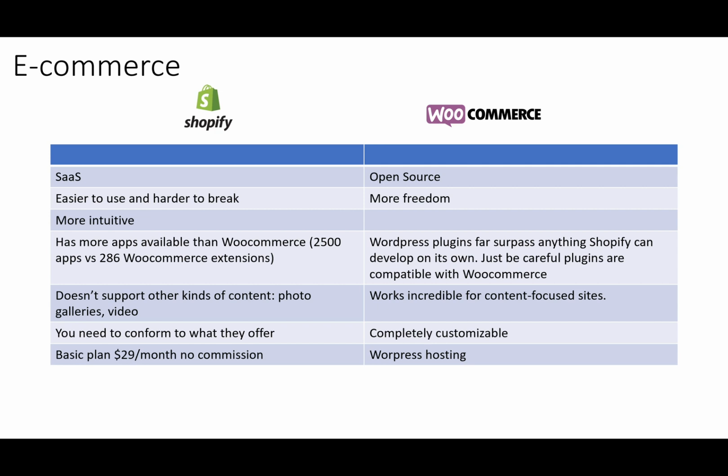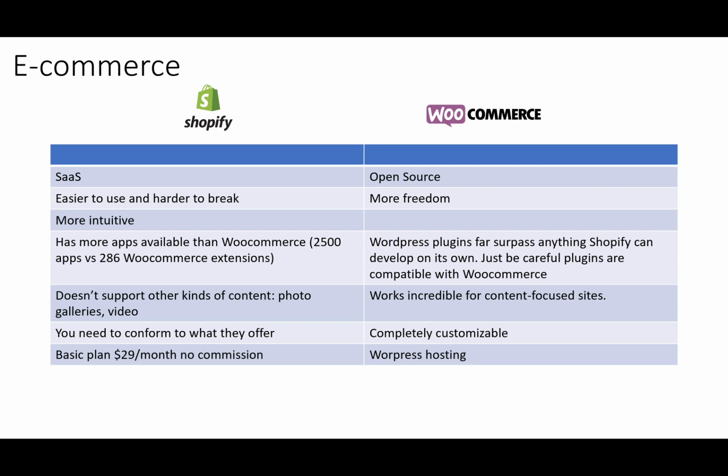However, now you get WooCommerce. WooCommerce is what you would get if you were using WordPress. It is open source. You've got so much freedom. Even though WooCommerce does not have as many apps as Shopify, you have the WordPress plugins. As long as the plugins are compatible with WooCommerce, which you would know because it would say so in the plugin, then you're good to go.